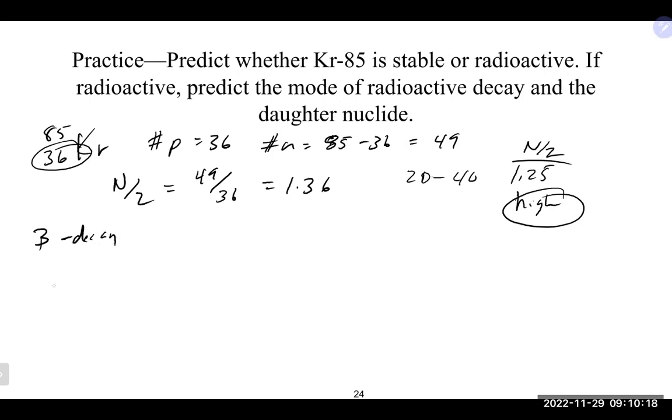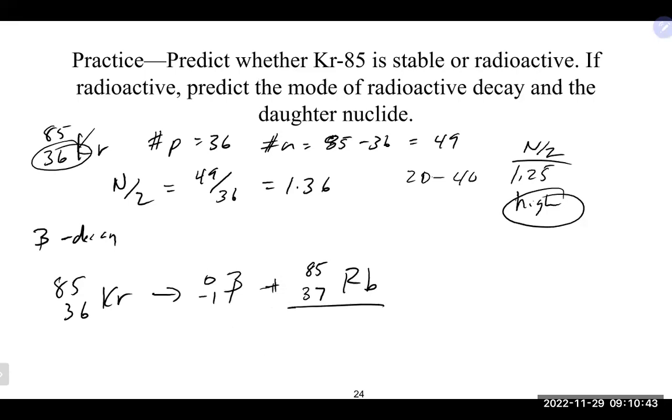So our beta decay would be krypton 85, 36. Again, beta decay would give off the beta particle, going to leave us with a 37, which is necessary there, as we do gain a proton in this case, and 85. Going to the periodic table, 37 looks like Rb in this case, and that should obviously be the new nucleus that is formed.